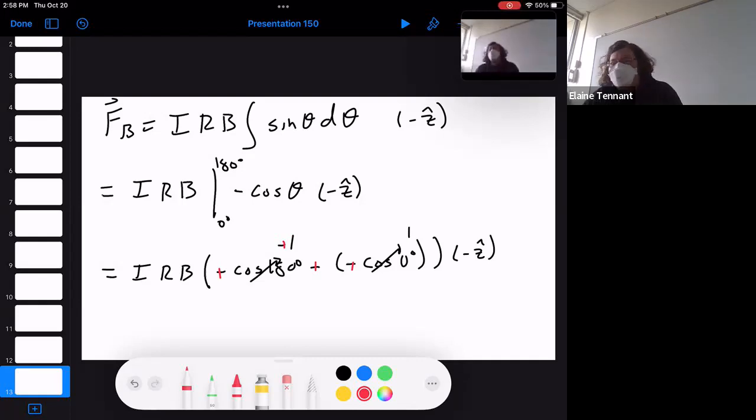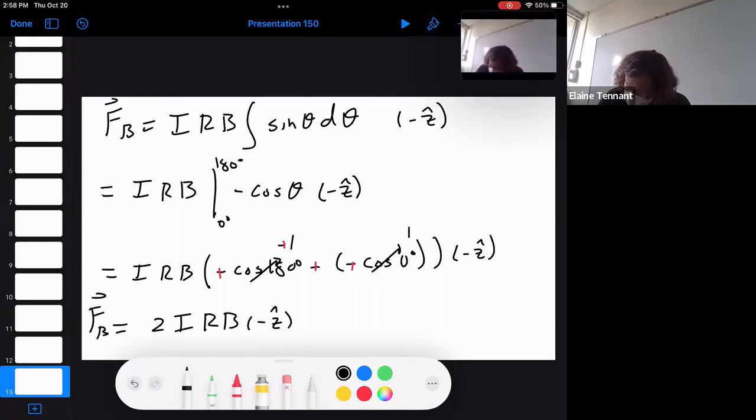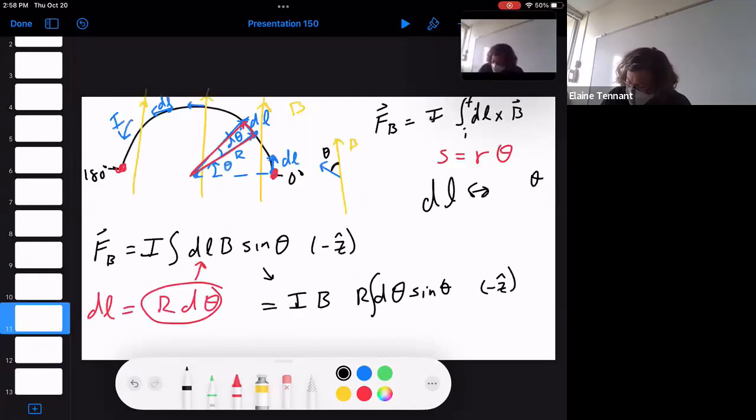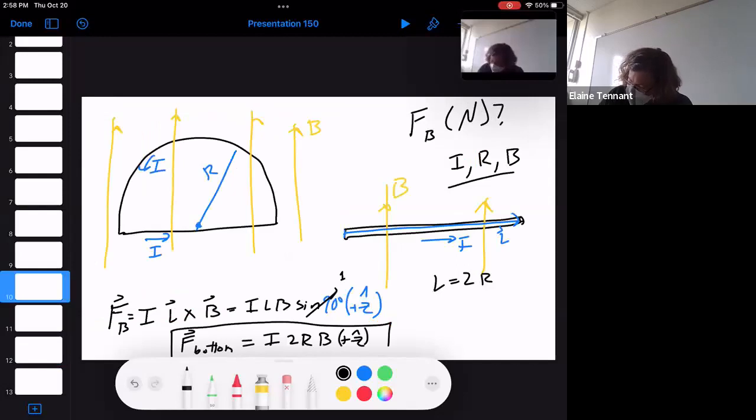We can go over this. I have proven it before. So I have 2 IRB in the negative z direction, and it would really make my day if your eyes lit up and you said, oh my goodness. Oh my goodness, right? It's the same answer, except it's in the opposite direction.